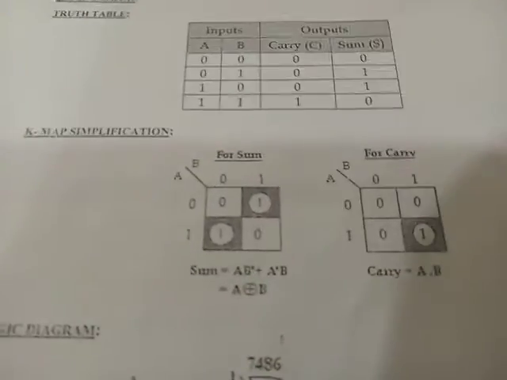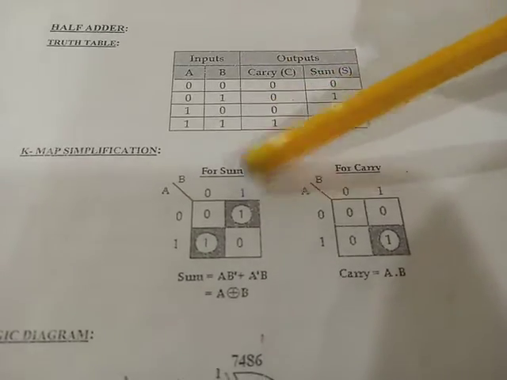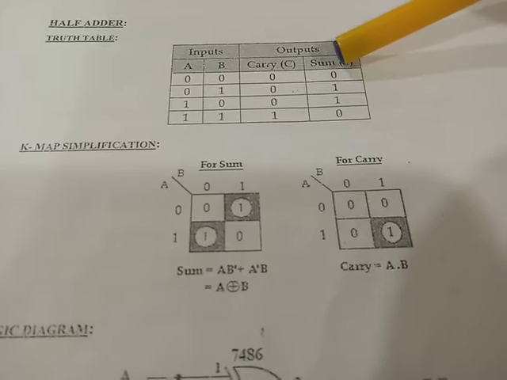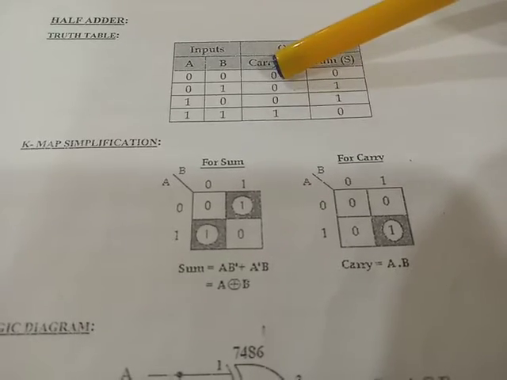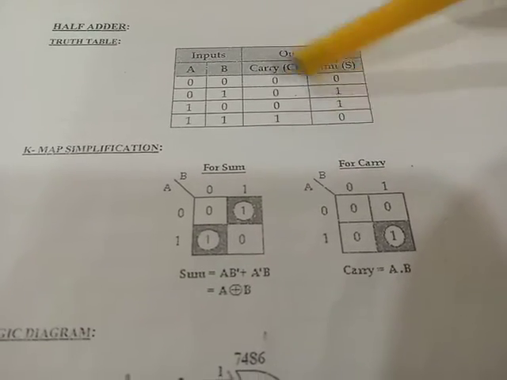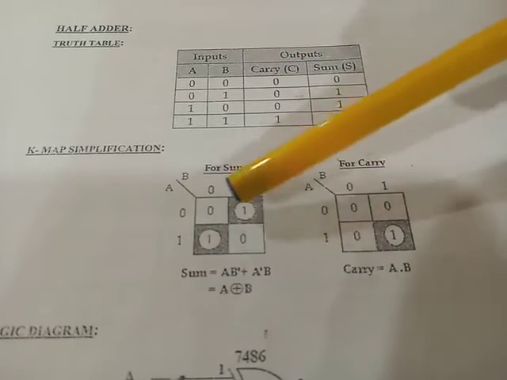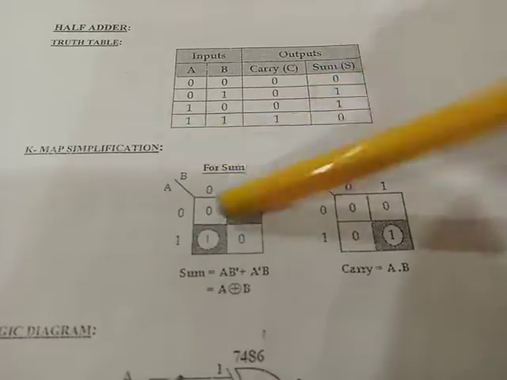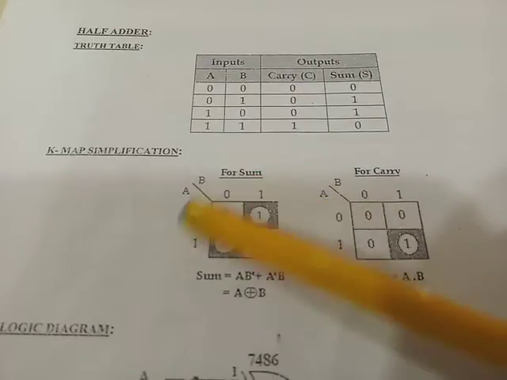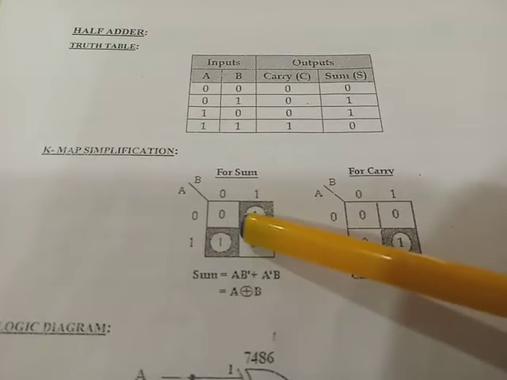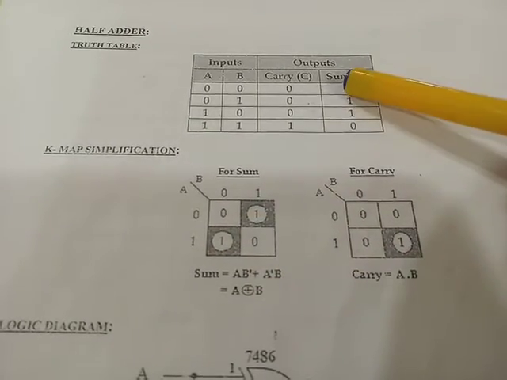Then K-map simplification. We do the K-map simplification separately for sum and carry. For sum we have a 2 by 2 K-map. I consider this as A, this as B, these two are inputs, and inside we insert the value of sum.